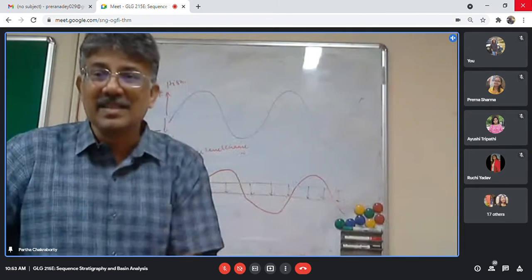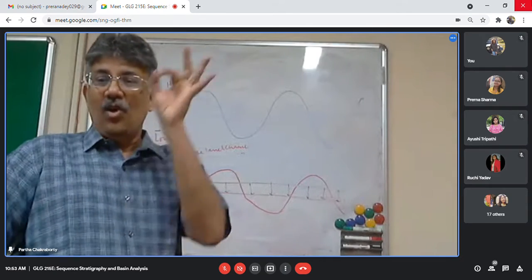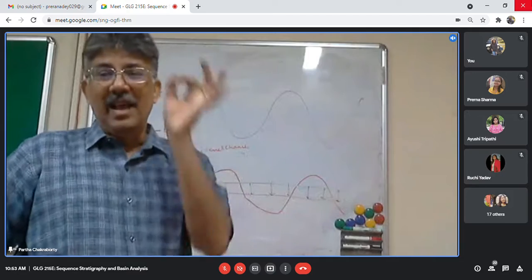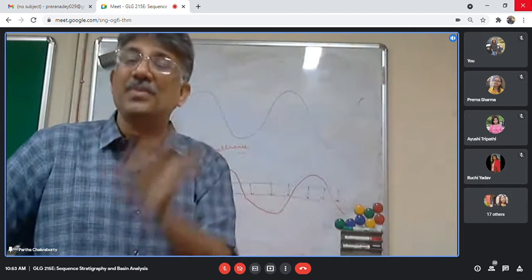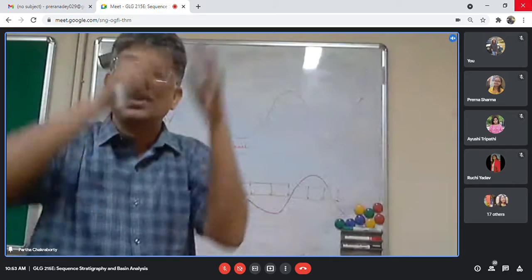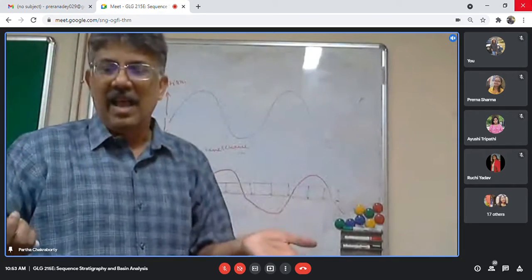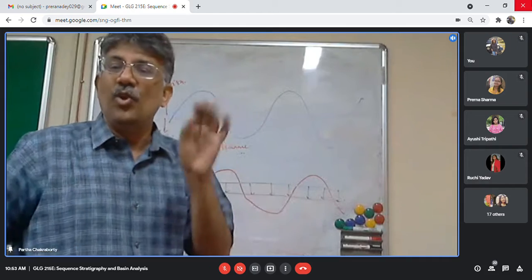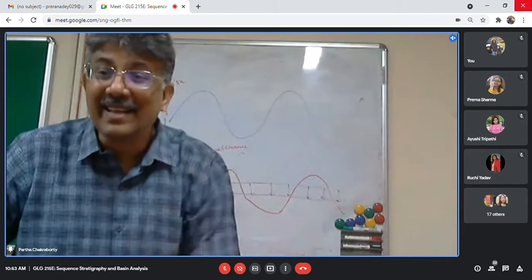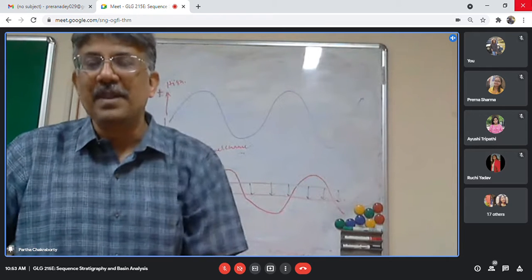That what is transgression, what is base level, what is local base level, what is global base level, what is sea level, and how base level is different from the sea level. All these definitions are juxtaposed and cluttered in our mind, and we do not know the difference. So when we write a paper, the reviewers from abroad criticize us that we do not know the definition even.